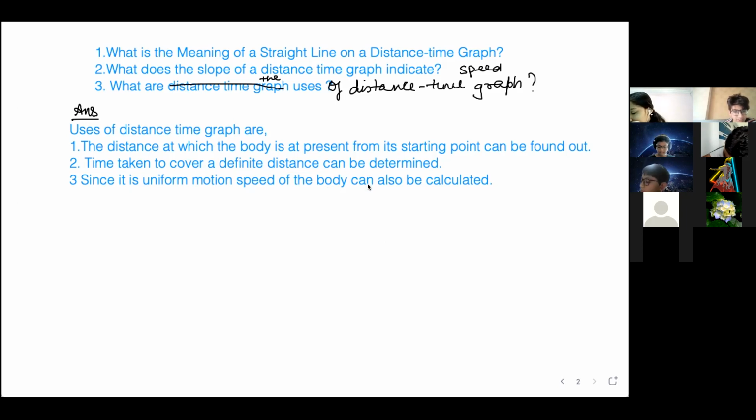Ma'am, first is the distance at which the body is at present from its limits. Okay, done. Okay, some more important points.